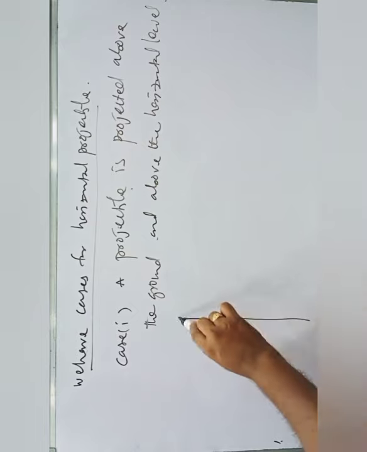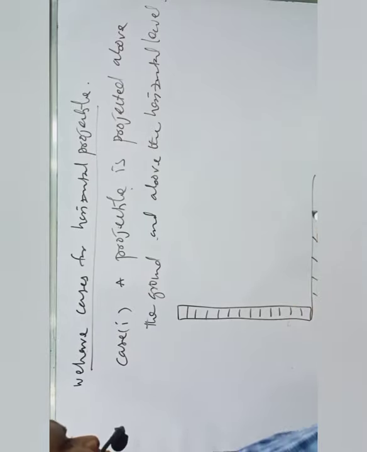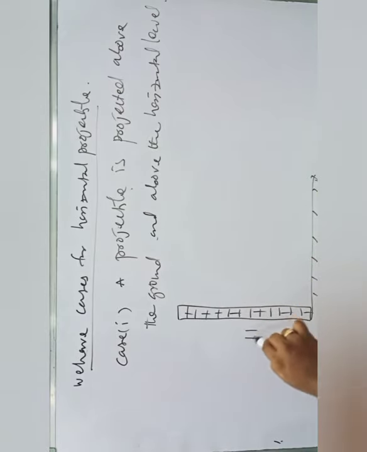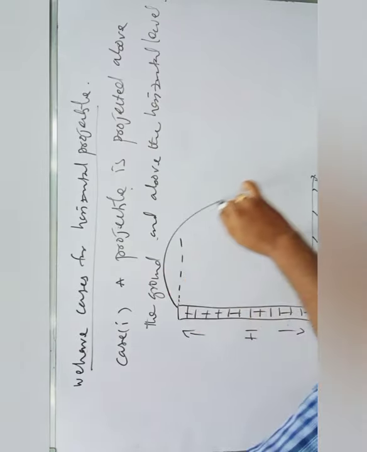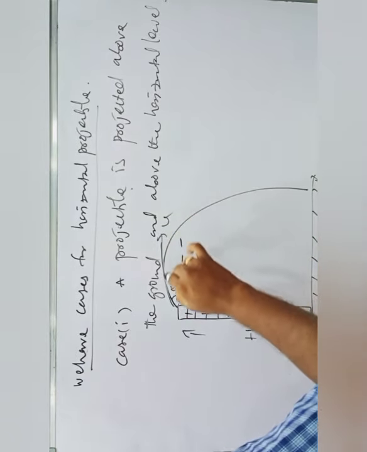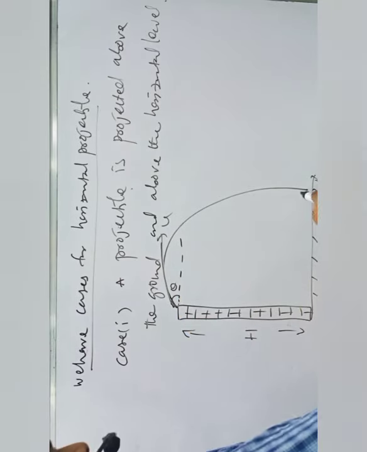Now I am giving the diagram. This is the top of the tower. The height of the tower is h. This is the horizontal level. Now we project above the horizontal level with an initial velocity u, making an angle theta with the horizontal. Then finally it reaches the ground.